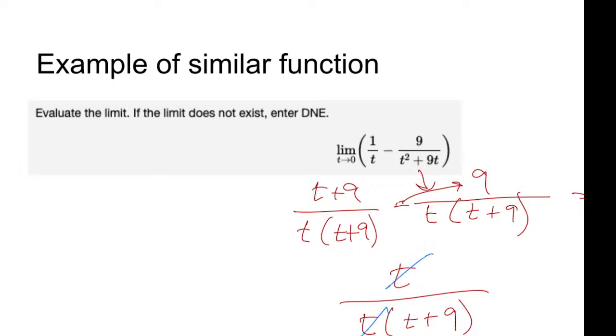And then we can cancel out the t. Again, we get actually a different function, but we're using that one property that this is a simplified function. So now we can take the limit as t goes to 0 of 1 over t plus 9, because if we stick in 0 now, it's just 1/9, right? It's not undefined. So this limit is going to be 1/9.